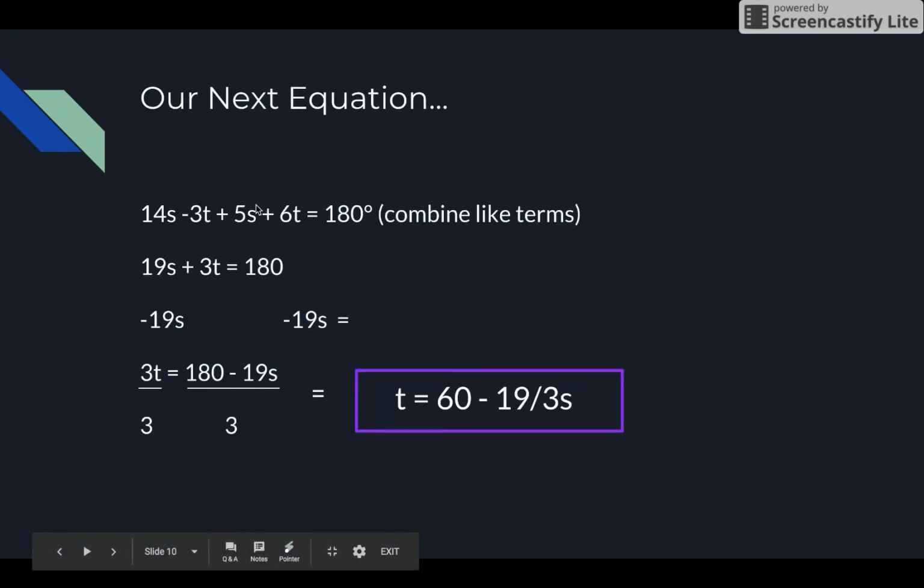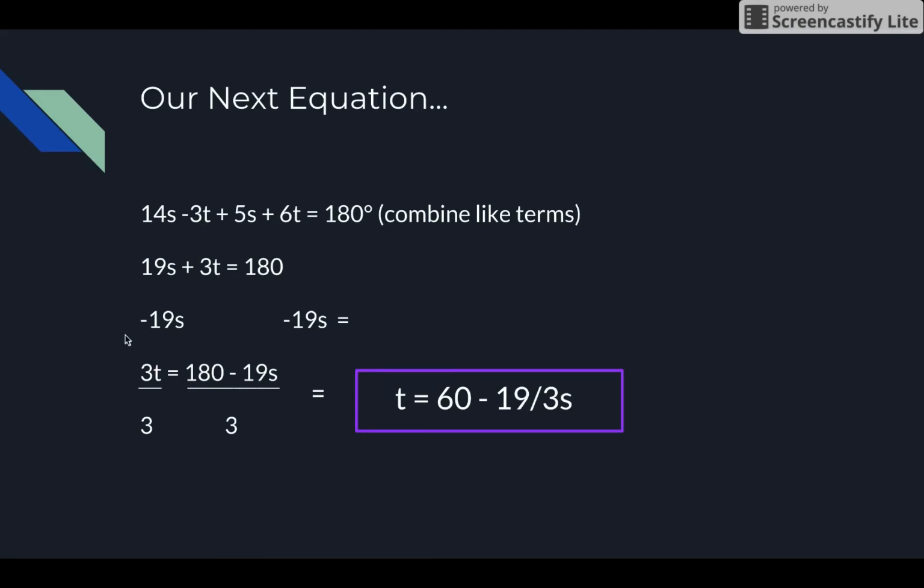Our next equation, using a linear pair, is 14s minus 3t plus 5s plus 6t equals 180. The first thing we can do is combine the like terms. 5s plus 14s is 19s, and 6t minus 3t is 3t, and it just equals 180.